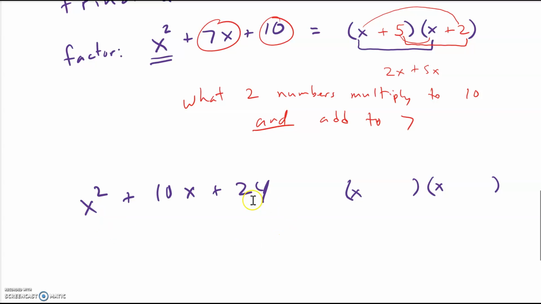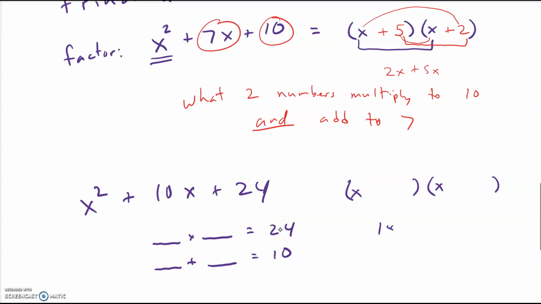So the goal here is some number times some number has to equal 24, and at the same time, that number plus that number has to equal 10. In the textbook, they call it P and Q. So P times Q has to equal 24, and P plus Q has to equal 10, but you can call it whatever you want.